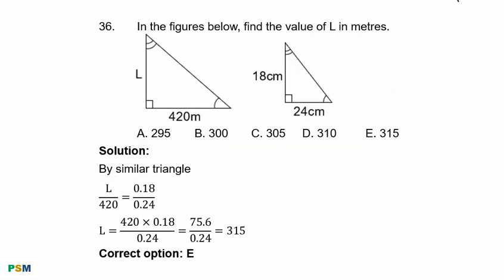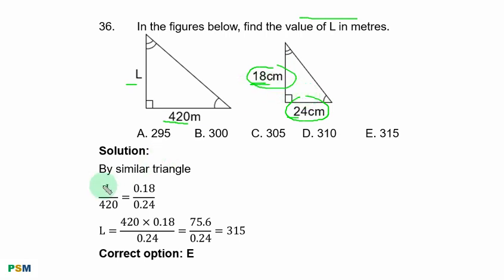Question 36. In the figures below, find the value of L in meters. Solution. By similar triangle, the ratio of L to 420 is equal to the ratio of 18 to 24. But you have to convert this value and this to meters by using 100 to divide.